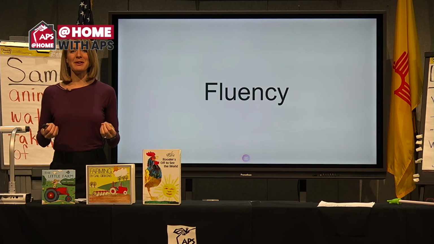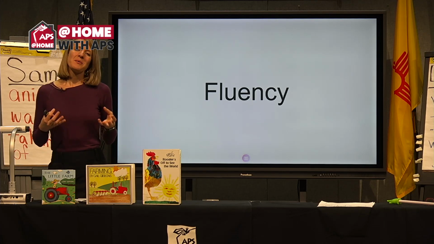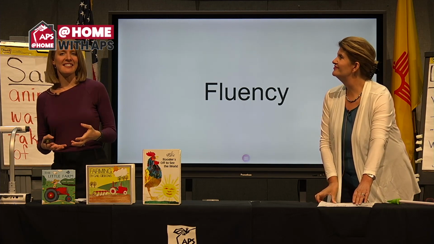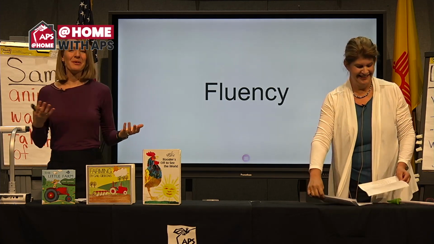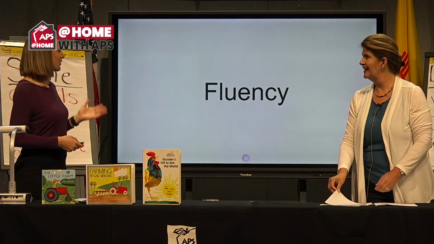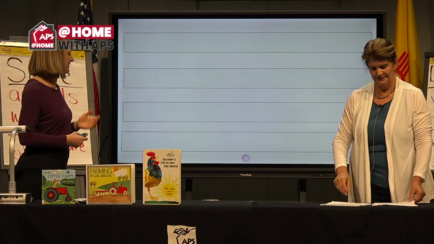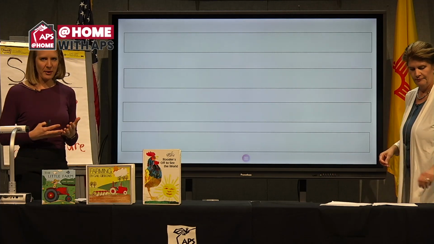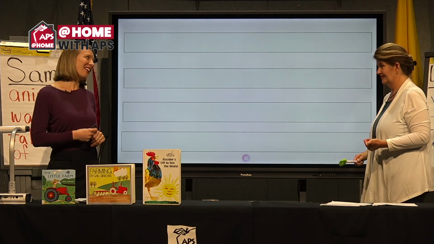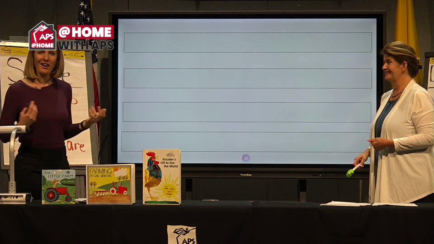That can help us build up our fluency. We're going to practice with some word reading and reading sentences. Then we will read with expression. Let's first start with our word lists. Just like before, we're going to do one line at a time, and you may recognize a lot of these words. Are you ready?